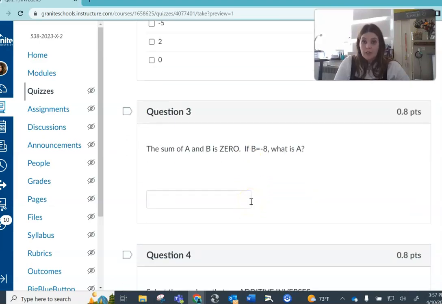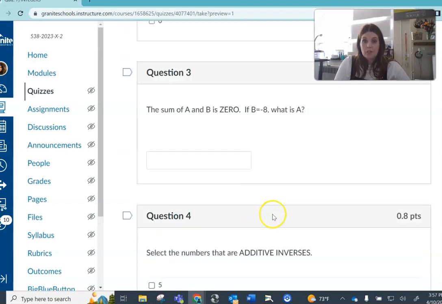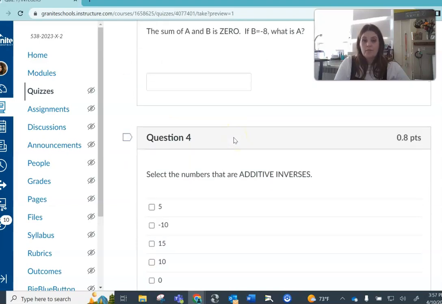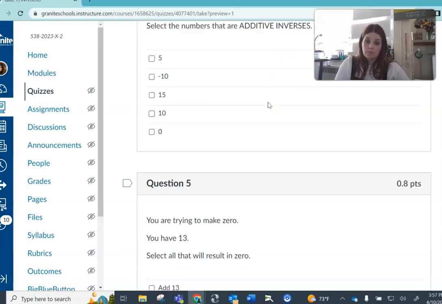Question 3 and 4 have to do with additive inverses. Question 3 is saying if you add two numbers and they equal 0, and you know one of them is negative 8, what is the other one? Question 4 is saying which two are additive inverses. That means which two, when you add them, will equal 0.